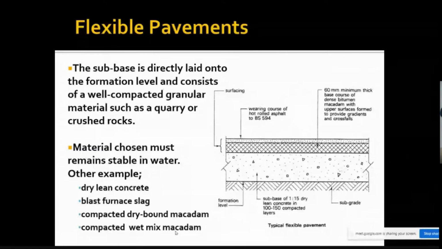Kenapa konkrit tu serap air? Supaya kita tak banyak run off masuk dalam sungai. Macam rumah I ni pun semua I dah konkrit kan dah. Semua masuk longkang, daripada masuk longkang masuk monsoon drain and then sampai pergi ke sungai. So they want to reduce that, so dia letak konkrit yang boleh serap air. Some of the water akan mendap masuk dalam tanah dan some of the water diorang akan kumpulkan di bawah tanah.